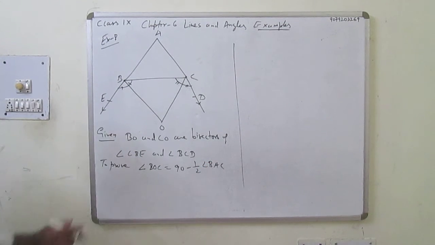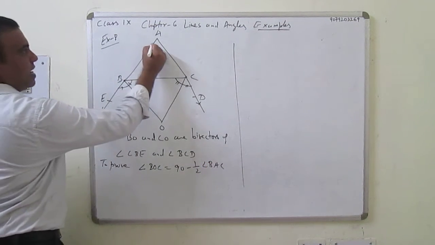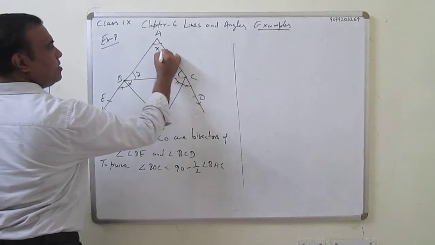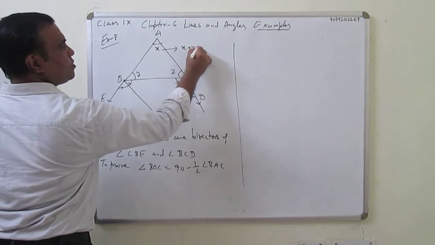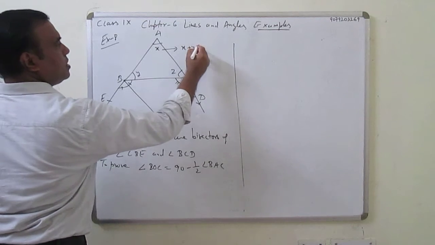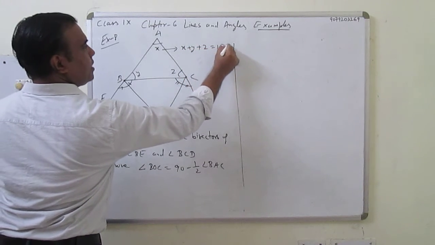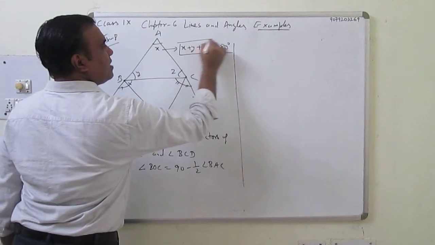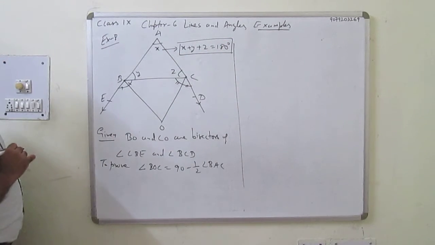Now let angle A be X, angle B be Y, angle C be Z. So X plus Y plus Z is equal to 180 degrees. Angle sum property: the sum of angles in a triangle is 180.